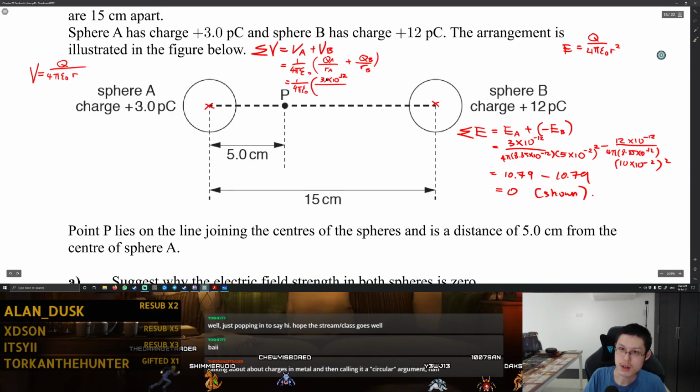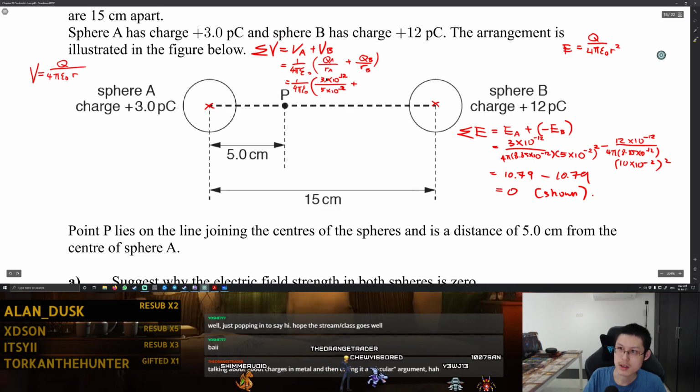What is the R? R is going to be 5 times 10 to the power minus 2, sorry. Plus 12 picocoulombs divided by 15 times 10 to the power minus 2.